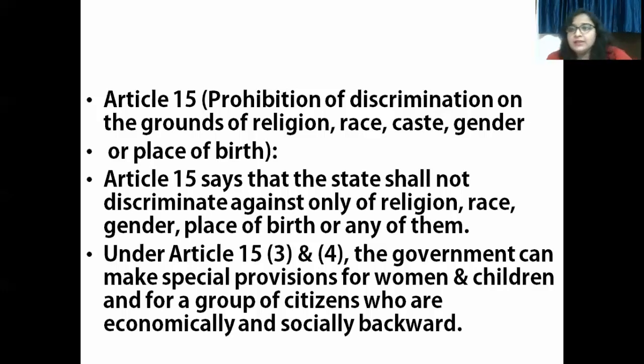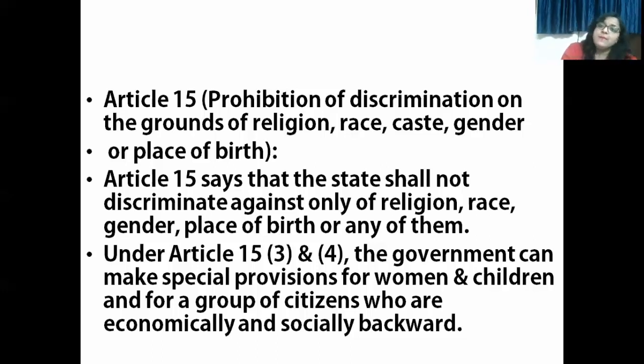Under the third and fourth parts of Article 15, special provisions are made for the weaker sections of society, for women and the children. So take the example of scheduled castes. They were considered as the weaker sections and they got special privileges in government jobs.